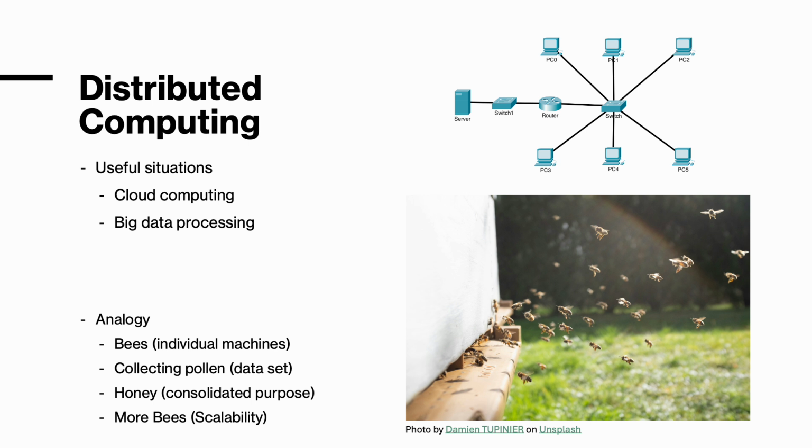I thought about this as a beehive, where the bees are the individual machines, and their tasks would be going out to collect pollen for the consolidated purpose of making honey. The scalability would be very easy, as more bees would mean more workers, more pollen could be collected, more honey could be made, or the hive could grow as well for more storage.